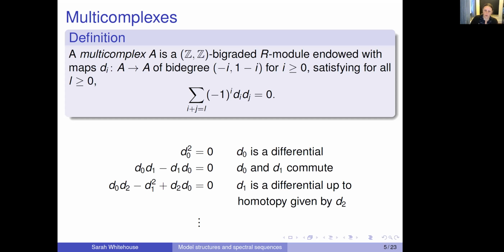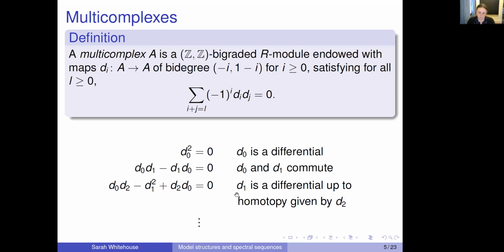And then the next relation, so the case l equals 2 of this equation up here, this is what it says if we write it out longhand. So it does not say that d1 squared is 0. So d1 does not have to be a differential, but d1 squared is the same as d0 d2 plus d2 d0.